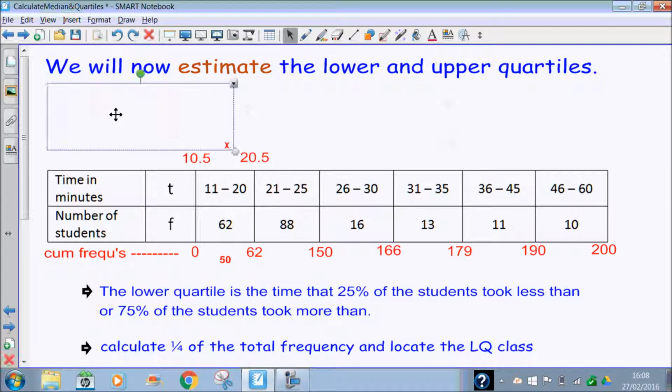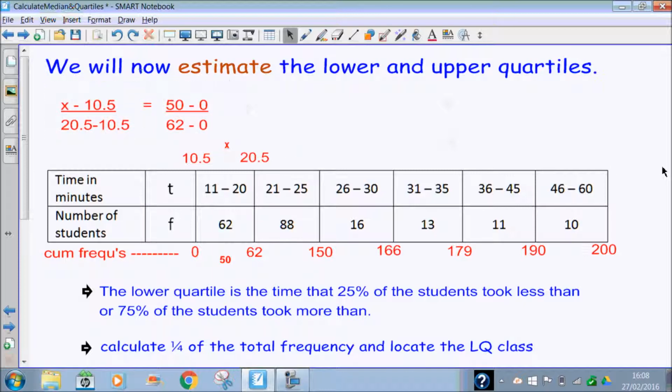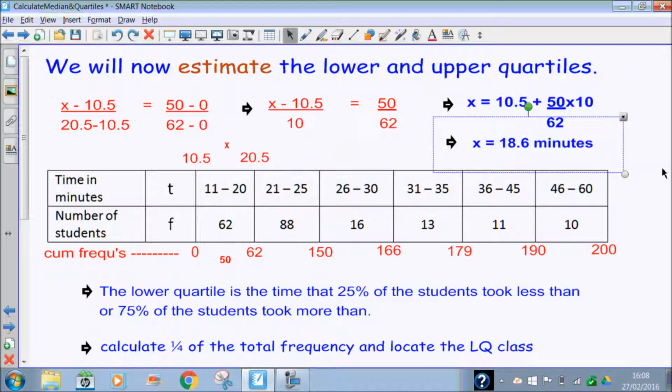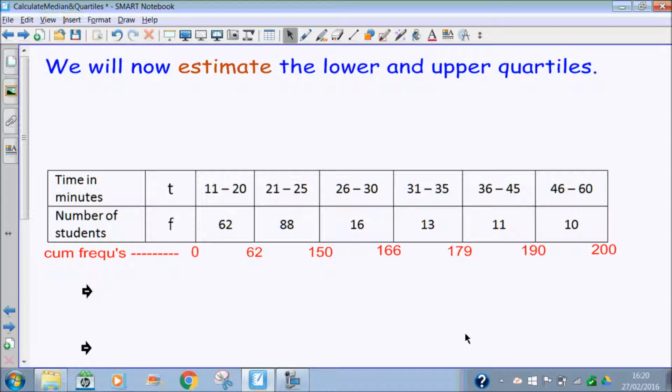And so we can write down the following fraction. We can then simplify this fraction, and from there we can calculate the value of the lower quartile as 18.6 minutes.